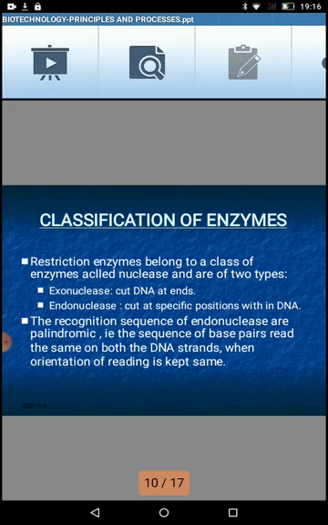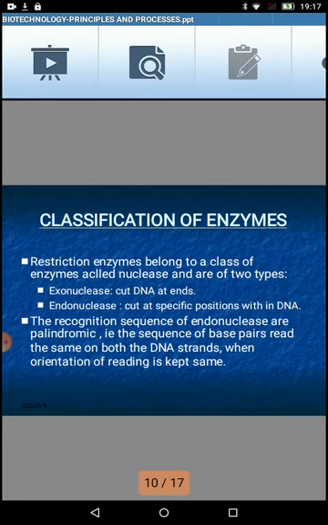I am just going through whatever we have explained. Restriction enzymes belong to a class of enzymes called nucleases and are of 2 types. Exonuclease cuts the DNA at the ends. Endonuclease cuts at a specific position in the DNA.